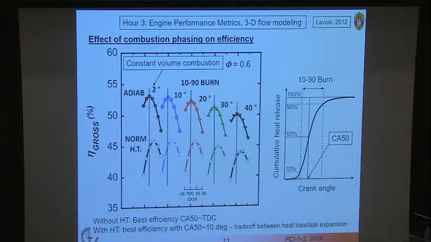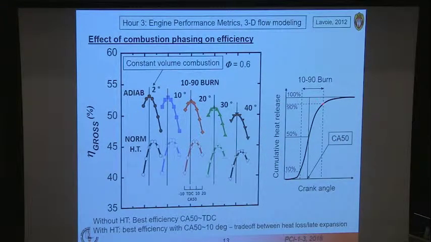So the line here is top dead center. And in this first one, and in fact, this whole row, they're assuming that the engine is adiabatic, no heat losses at all. And they're assuming that the combustion is occurring with only a 2-degree combustion duration. So here's the cumulative heat release versus crank angle. Here's the 10% burn.